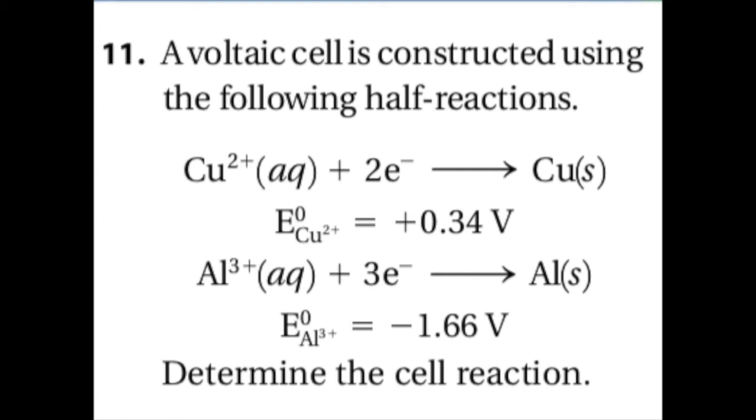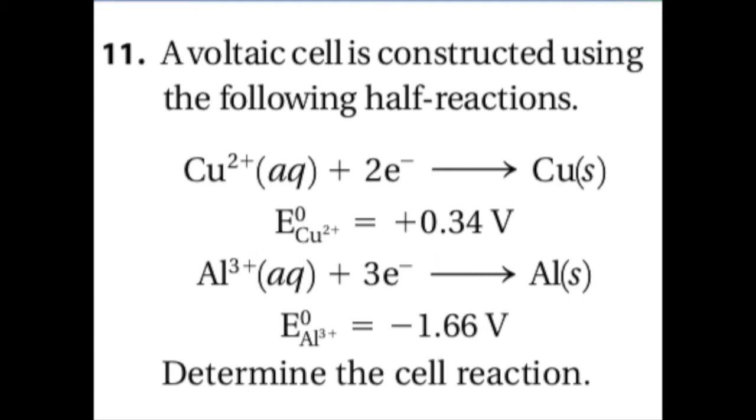Okay, so the copper plus 2 to copper will be the reduction half cell, and then aluminum, the reverse of this, aluminum yields aluminum plus 3 will be the oxidation reaction. And let's see if that works. Okay, so it'll be copper plus 2 plus Al yields copper plus Al plus 3.